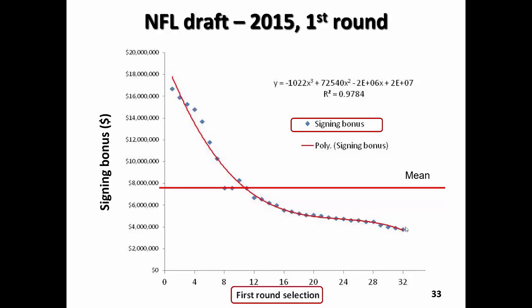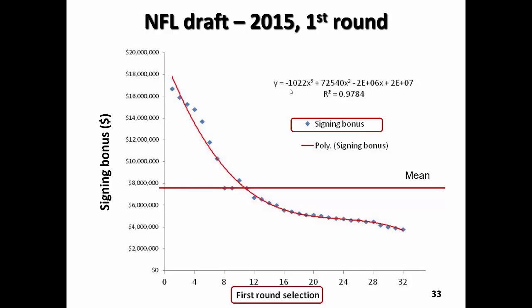The majority of players in the first round were paid less than the average. And so what we see here is that the average does not always provide an accurate indication of the signing bonus in the first round. It gives us a one-time number, giving us a sense of it, but nonlinear regression modeling can give us a better idea.